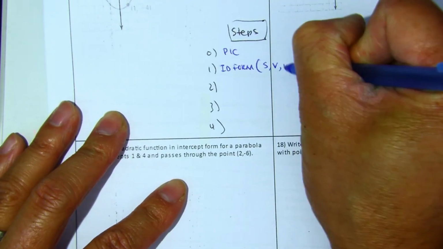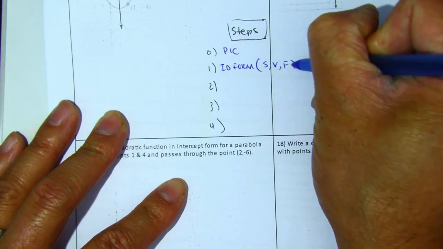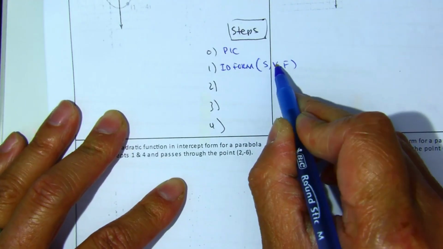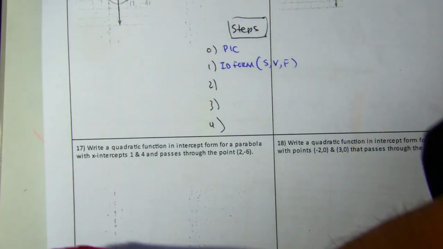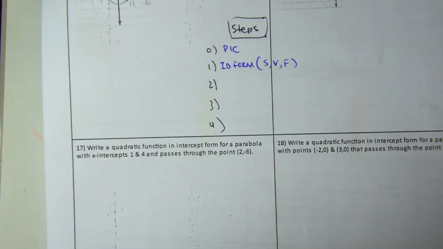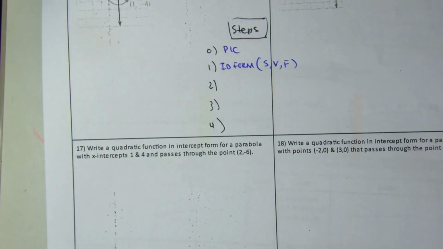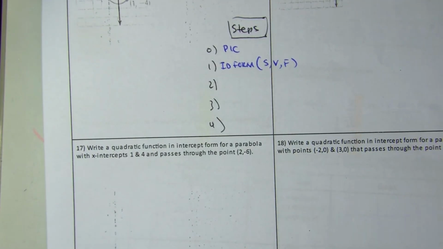Standard, vertex, factored: 0 parentheses, 1 parentheses, 2 sets of parentheses. Vanessa, step number 2: we have to ID the letters.